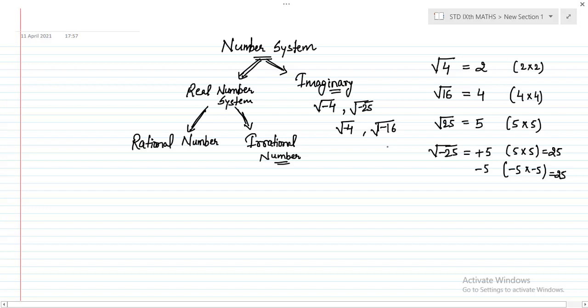Let us understand what a rational number is. A rational number is further categorized into two parts. The first one is integers and the other is called fractions.